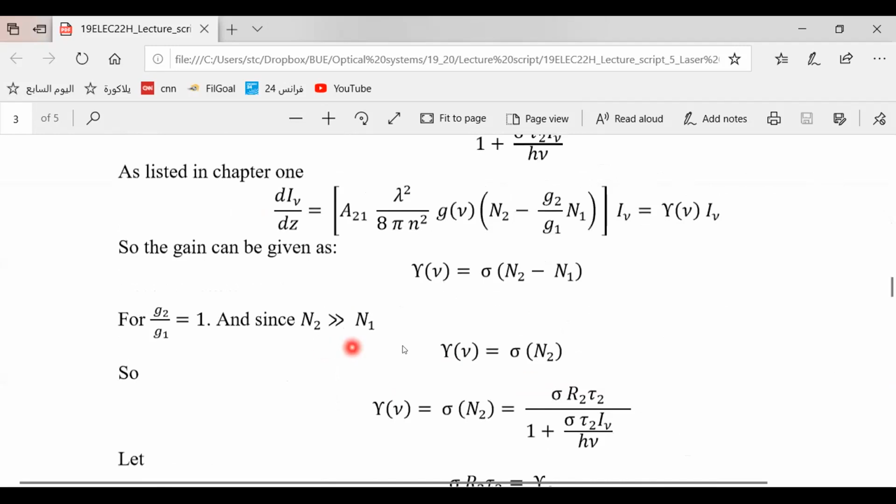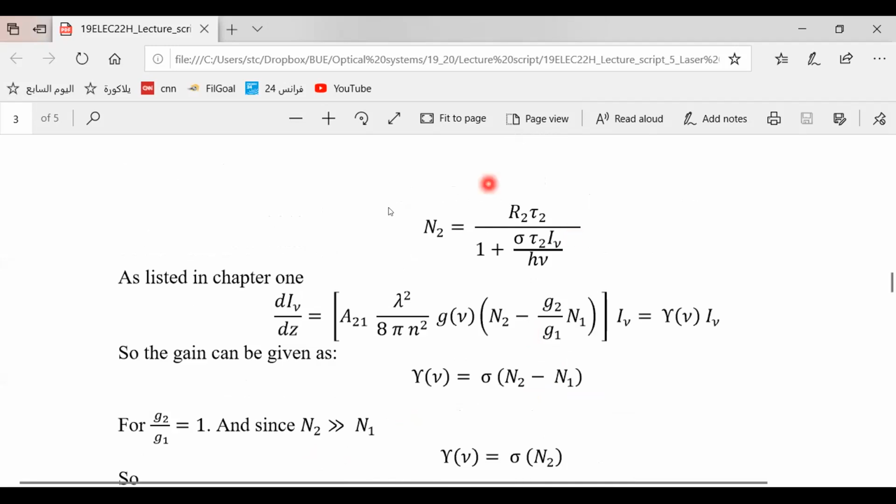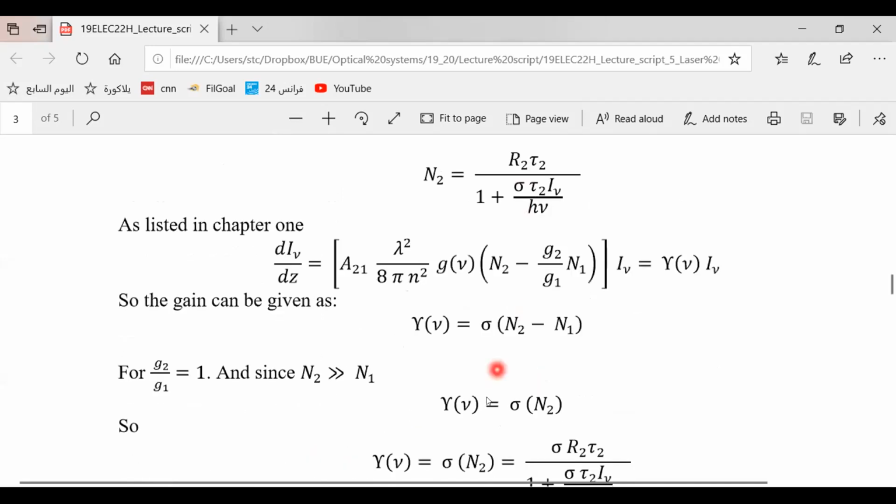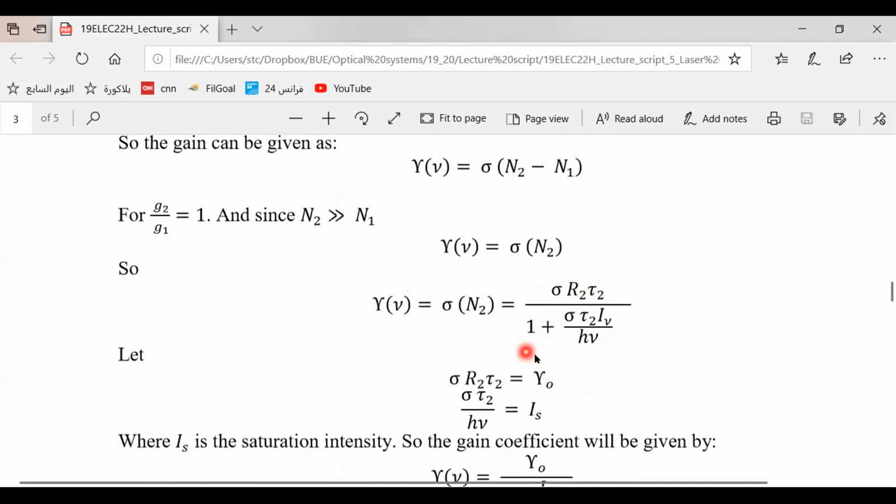So you can say, okay, gamma equals sigma times N2. Now you have N2, then you can have gamma. So simply gamma equals sigma times what you reached here. So gamma equals sigma R2 tau 2 over (1 plus sigma tau 2 I over h mu). So this is very simple, as you can see. This is the term to express gamma.